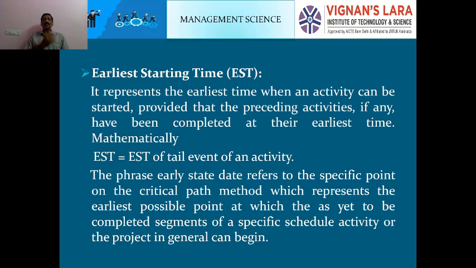Let us go to the four types of event time estimation. The first one is early starting time, simply called EST. It represents the earliest time when an activity can be started. As already said, for 1-2, 2-3, at 1 is the earliest starting time, provided that the preceding activities, if any, have been completed at their earliest time.